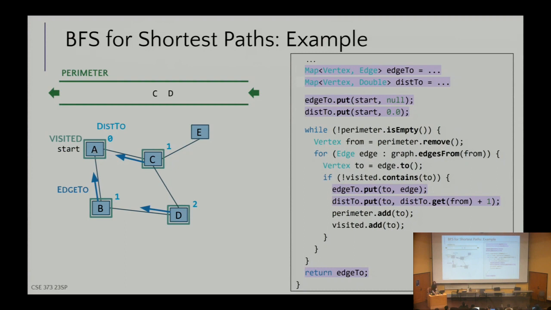But we're looking for the shortest path to E, and we have to finish that jump. And again, we just add 1 into the previous distance, which is the one at C, giving us 2.